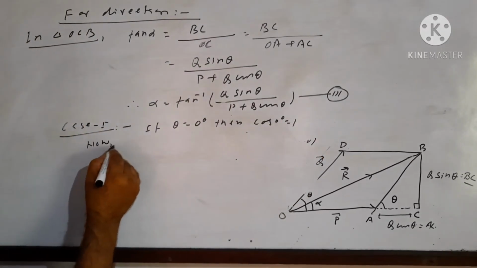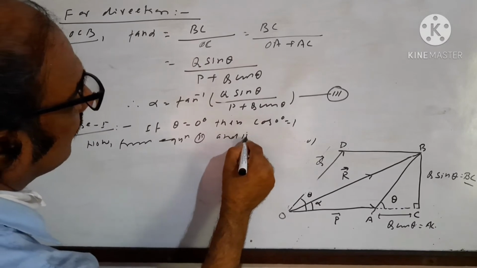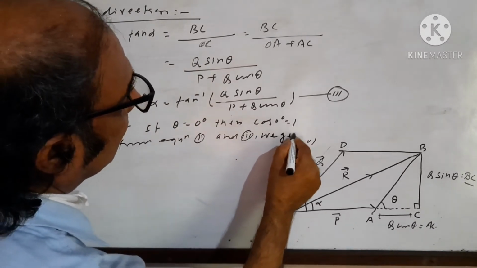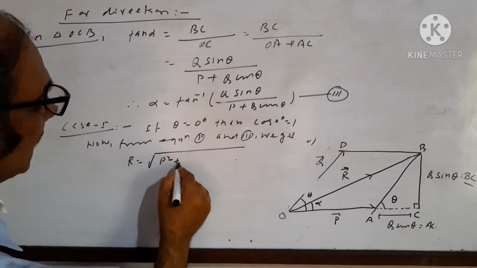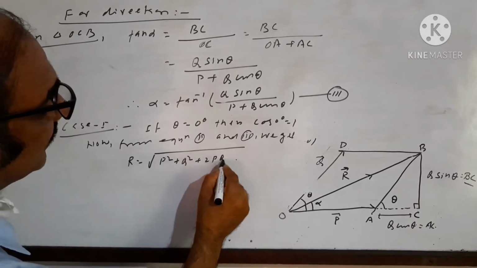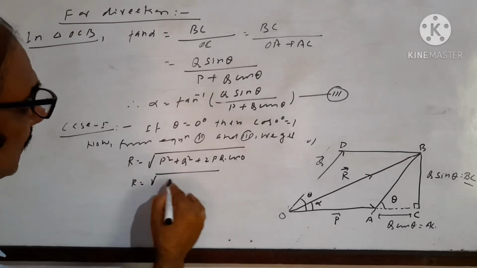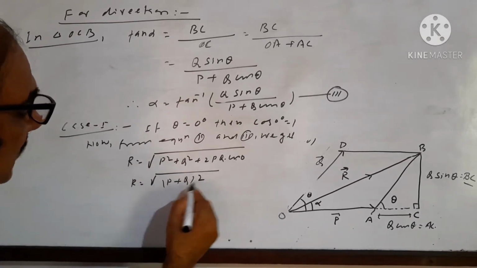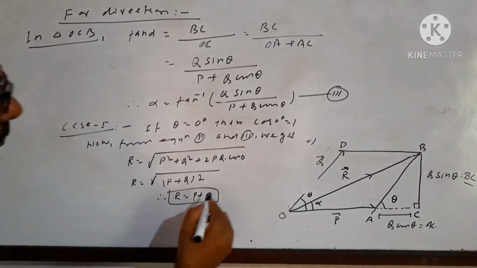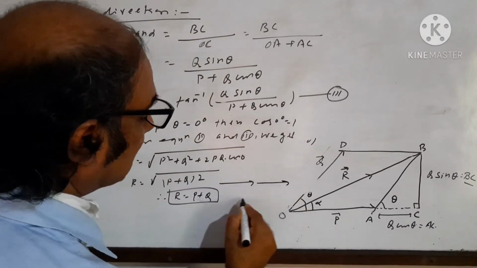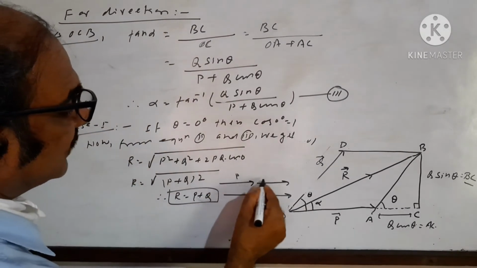Now from equations 2 and 3 we get R equal to under root P square plus Q square plus 2PQ cos 0, and then R equal to under root P plus Q whole square, and lastly R is equal to P plus Q. So when the two vectors act along the same direction, the resultant is simply the sum of the magnitudes of P and Q.